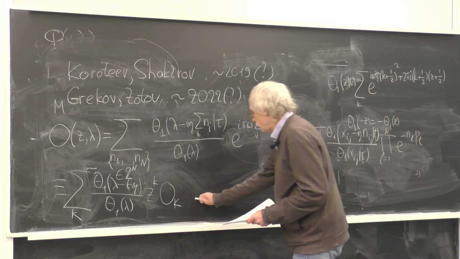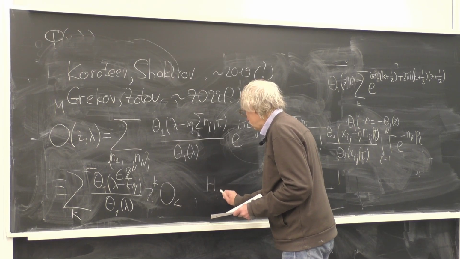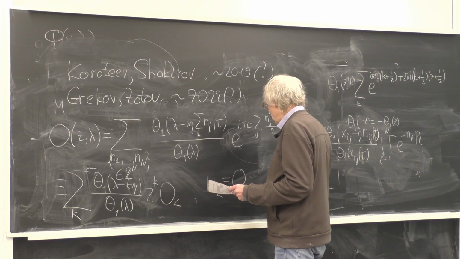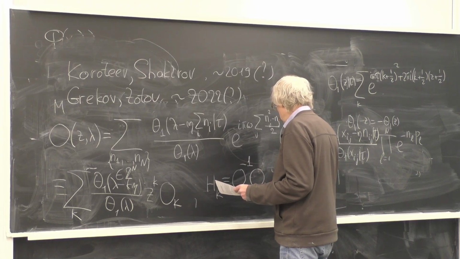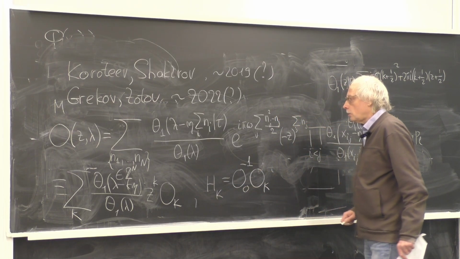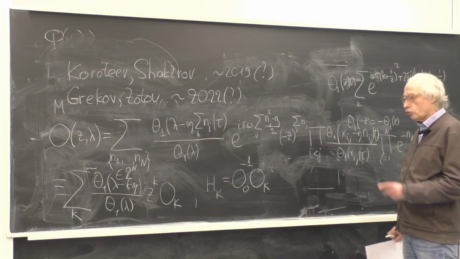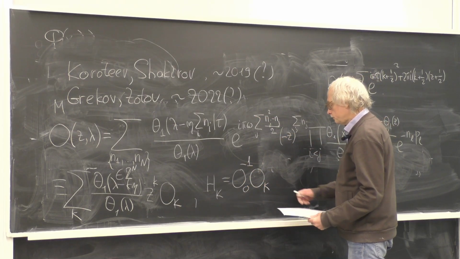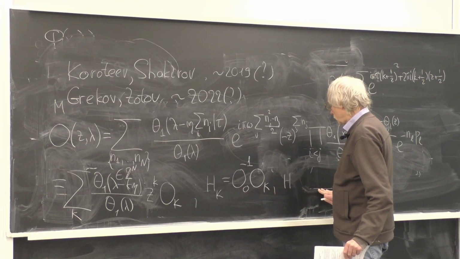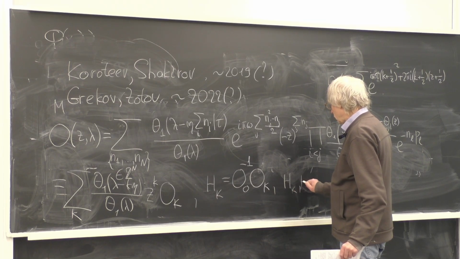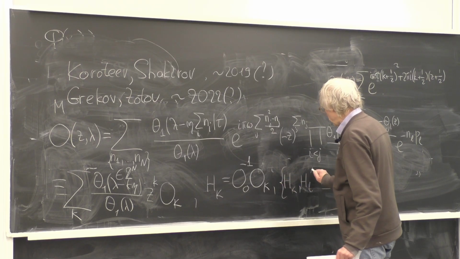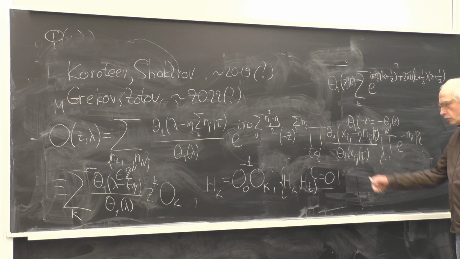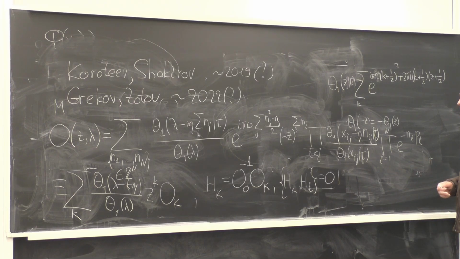And then the Hamiltonians are defined in the following way. You should consider the ratio of two such coefficients, and the hypothesis, not proven yet, is that all of them Poisson commute.